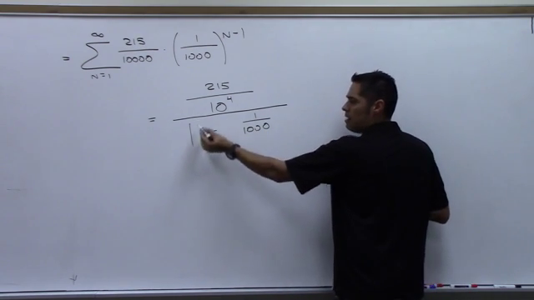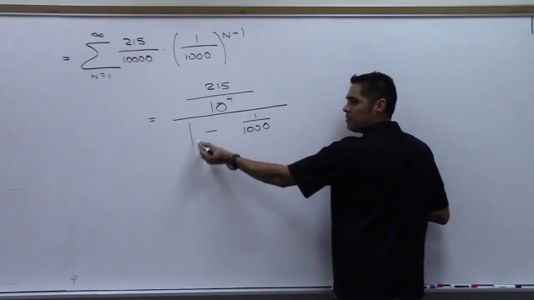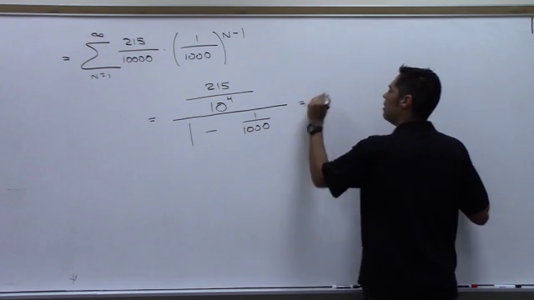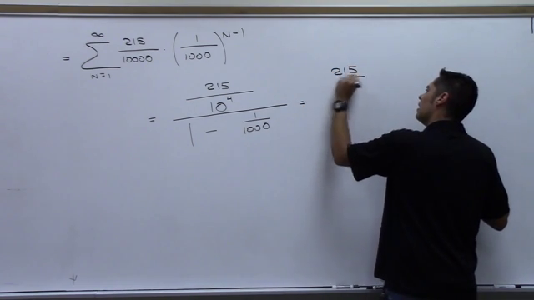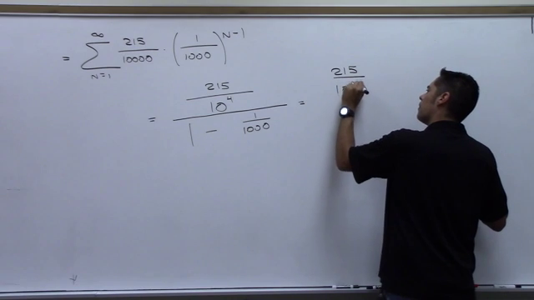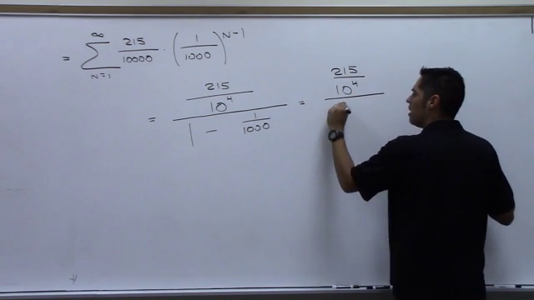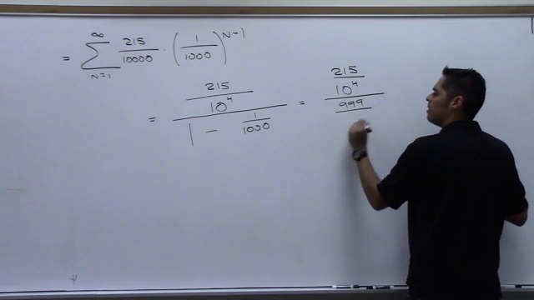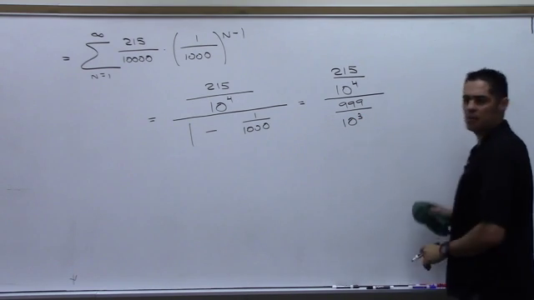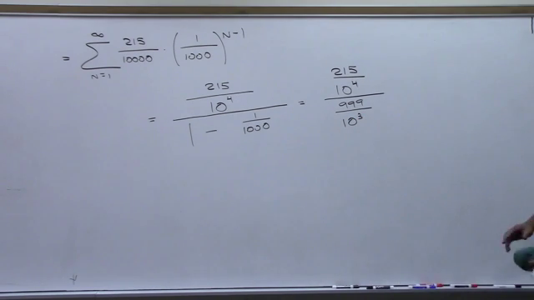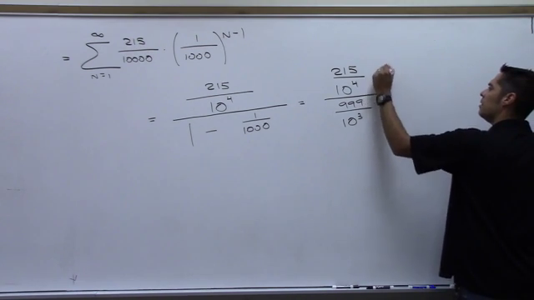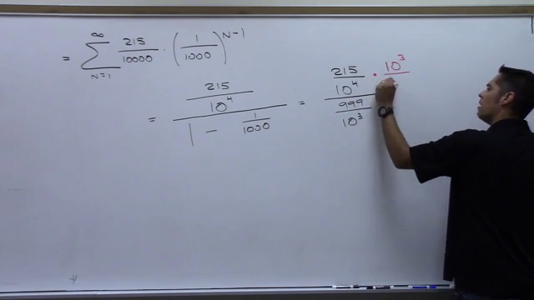I just need a common denominator here. So 1,000 over 1,000. Put them together, you get 999 over 1,000. I'm going to write 1,000 as 10 cubed. That okay with you? And then flip this, 10 cubed over 999.